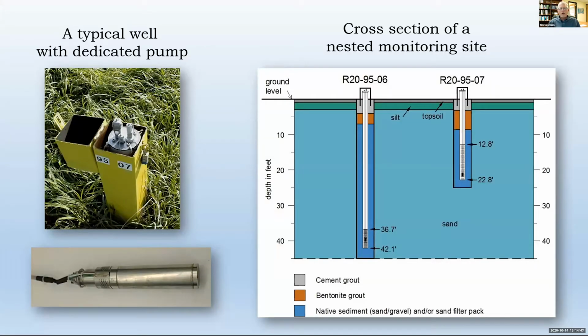So a typical well in the network looks like what you see on the left part of your screen here. It's basically a PVC casing with a screen at the bottom of it. Inside the well is a dedicated stainless steel pump, with control or access ports at the top of the well.